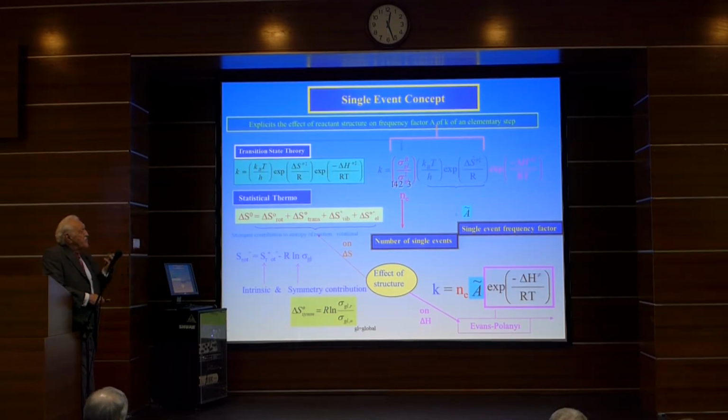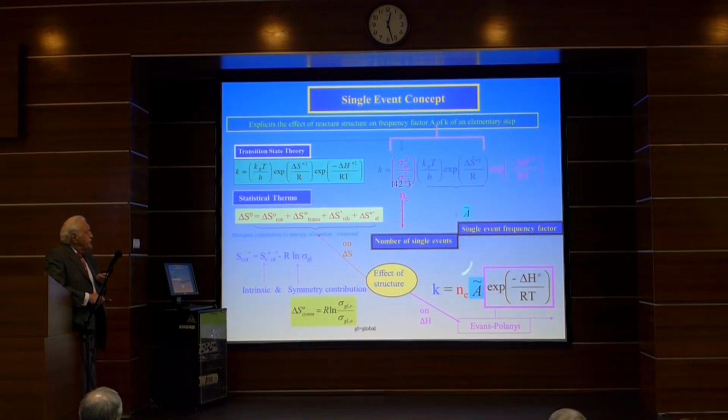So we have extracted the effect of structure out of the rate coefficient. And what is left after extracting that is what I call the single event frequency factor. That single event frequency factor is unique for all the reactions, all the elementary steps of all the components of a homolog series.